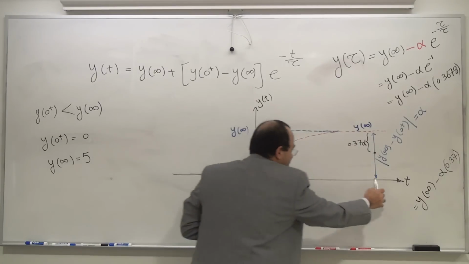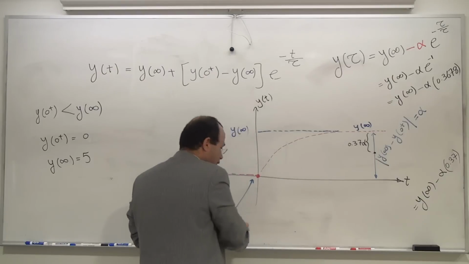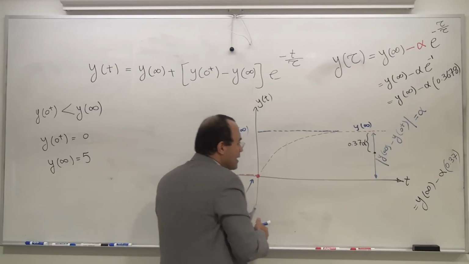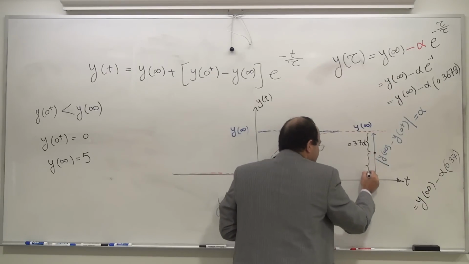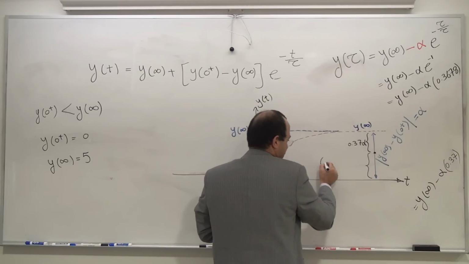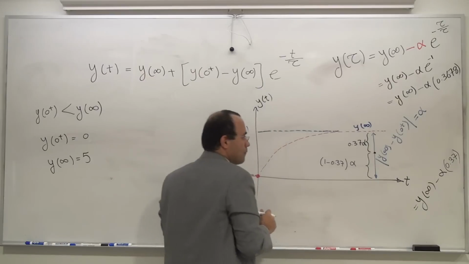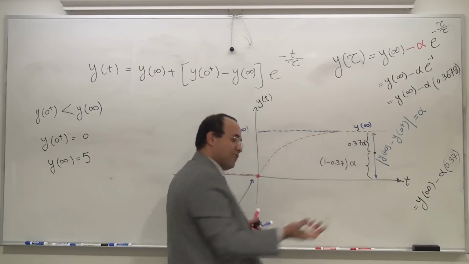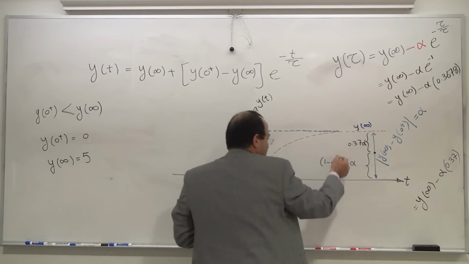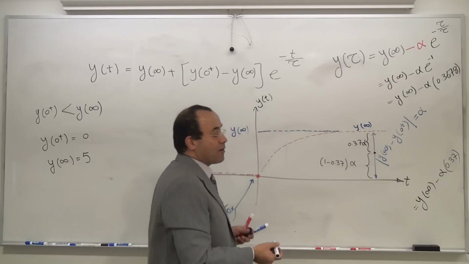Because I calculated the gap to be y of infinity and y of 0 plus, I can alternatively go in and say this is 1 minus 0.37 alpha. Right? If you add them up, that's going to be your alpha. So, here is the process.